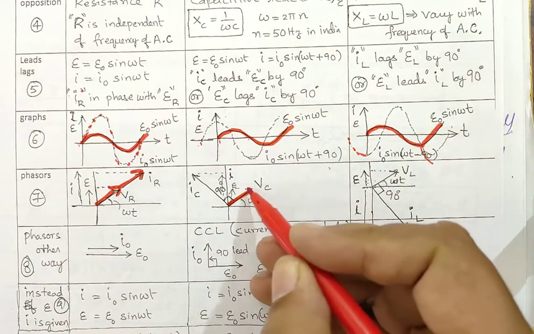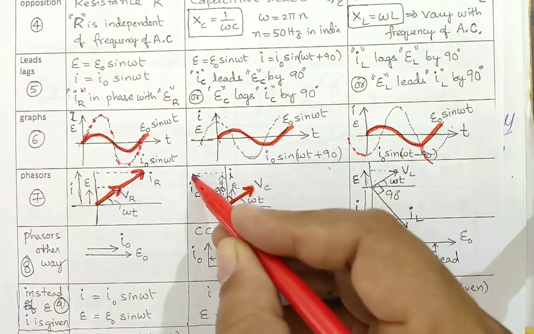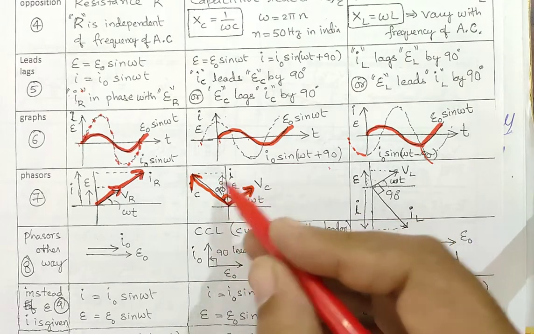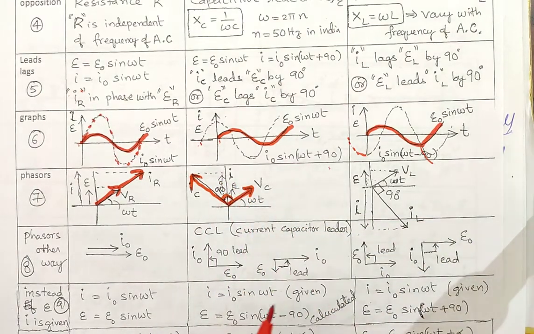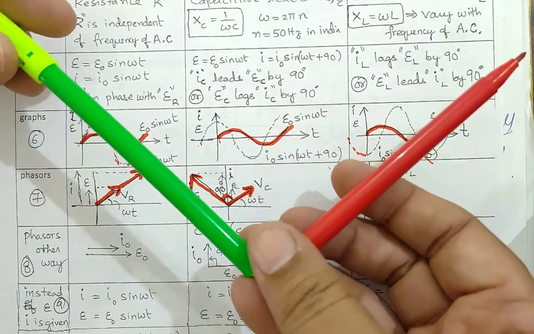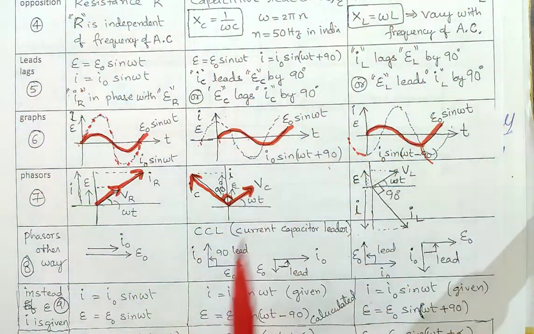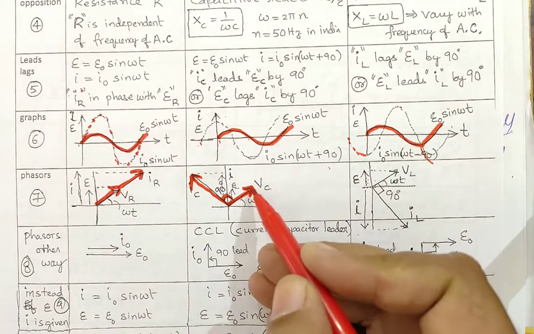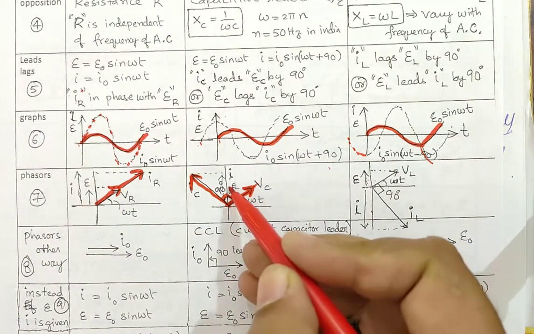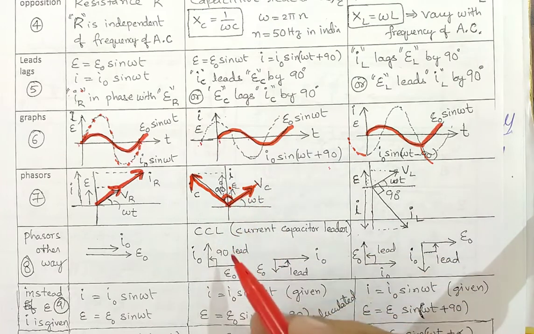Next, EMF in the capacitor and current in the capacitor are welded at a 90 degree angle, and this rotates in a mutually perpendicular way like this and like this. When it rotates, this 90 degrees is always maintained, and at any instant the maximum value is this and the instantaneous value is the component on the imaginary axis.